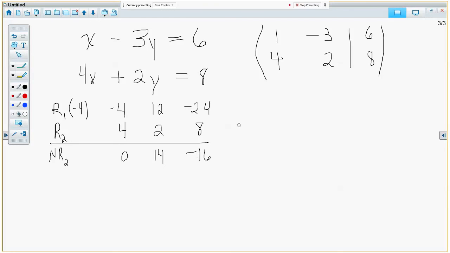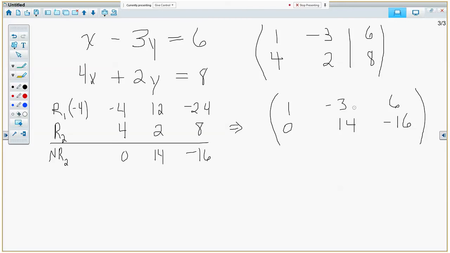So now our new matrix is 1, -3, 6, 0, 14, -16. Now which number to concentrate on now?